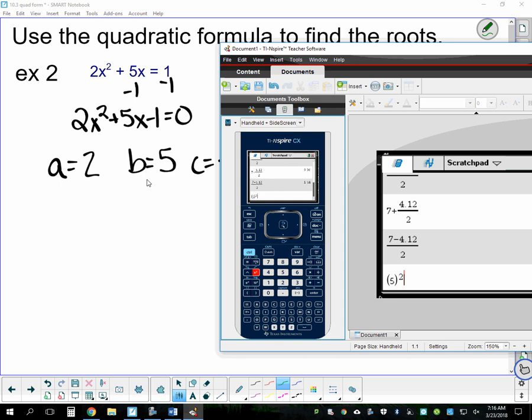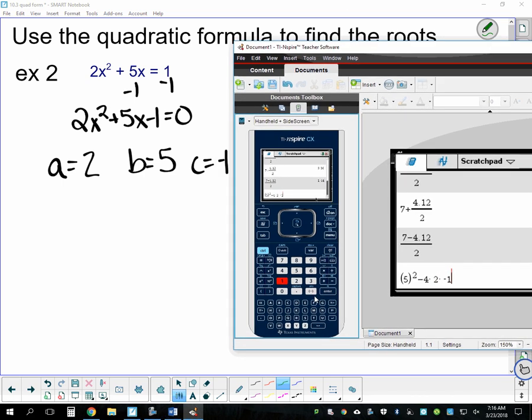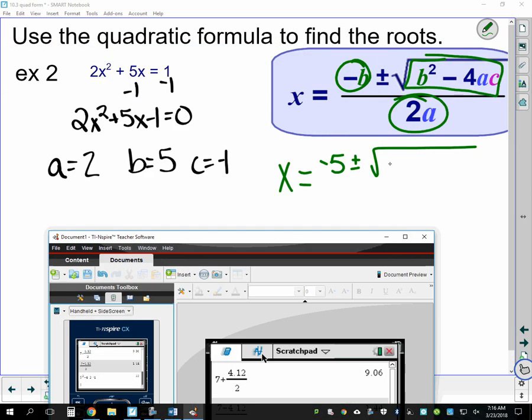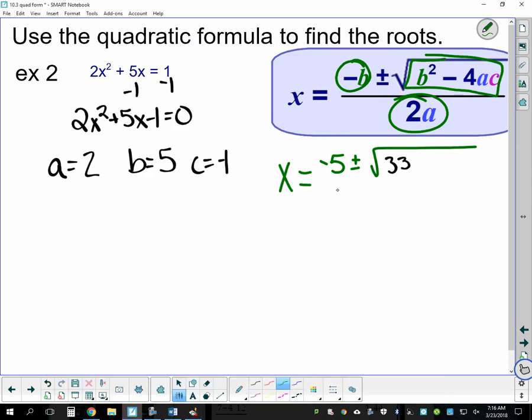Now in this case, when b is positive, you technically don't need the parentheses, but I would suggest you use them anyway so that you're in the habit of doing them when it is negative. Minus 4 times a, which is 2, times c, which is -1. And that gives us 33. Okay, and then my last piece is 2a. 2 times 2 is 4.